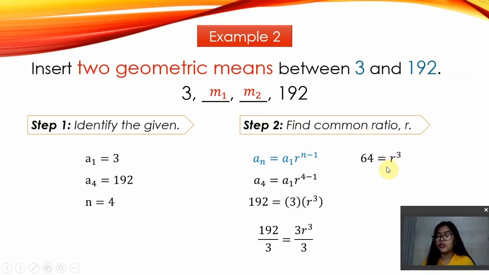So, since yung exponent niya ay 3, we will get the cube root of both sides. So, the cube root of 64 equals the cube root of r cubed. The cube root of 64 is 4, so r is equal to 4. Therefore, ang common ratio natin ay 4. So we will use this to find m sub 1 and then m sub 2.